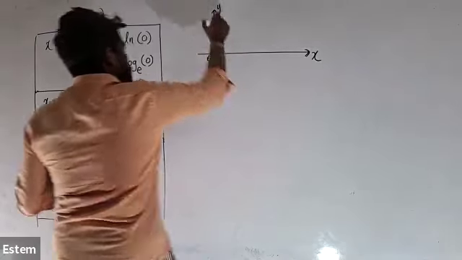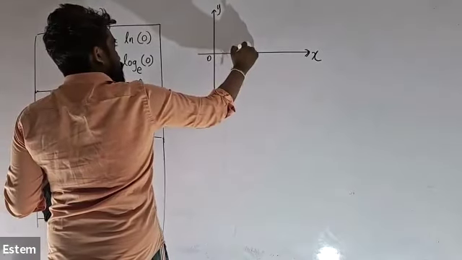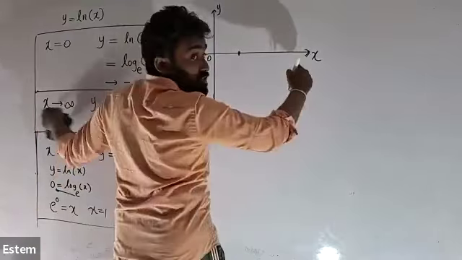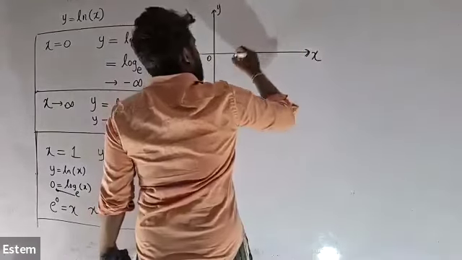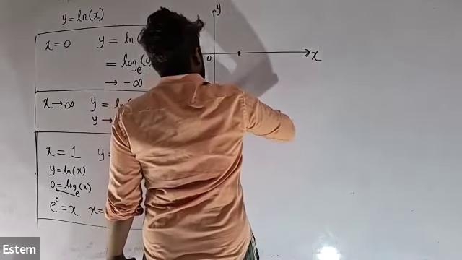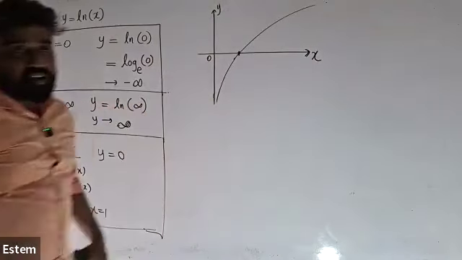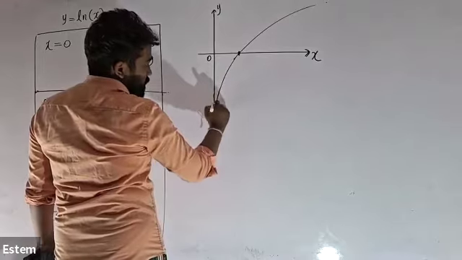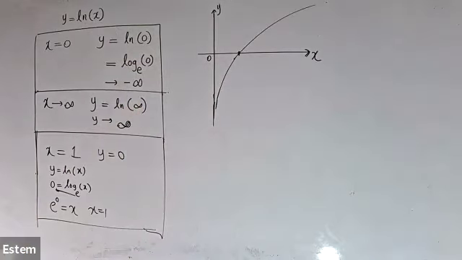When y is 0, x is equal to 1. So this is also a point. When x goes to infinity, y also goes to infinity. So this slash should be like that. This is the type of graph. This is an asymptote. Draw that. If you have any doubts, tell me.